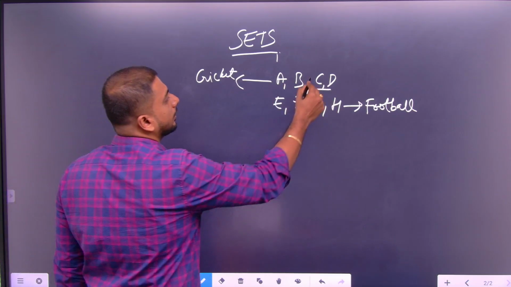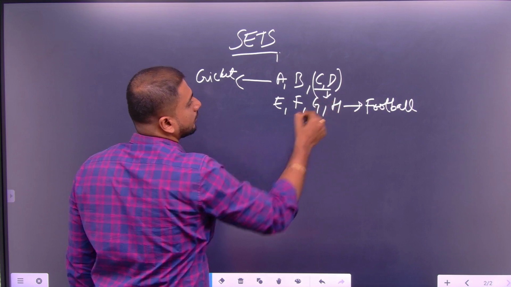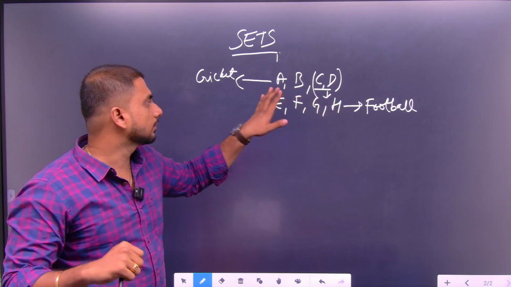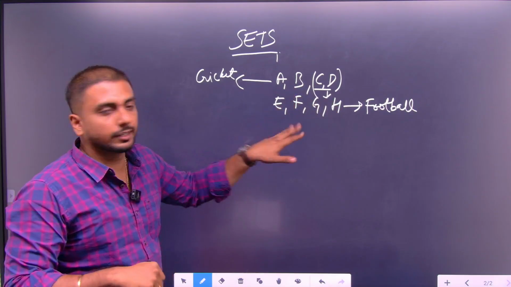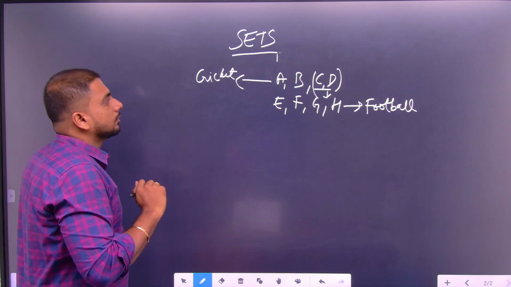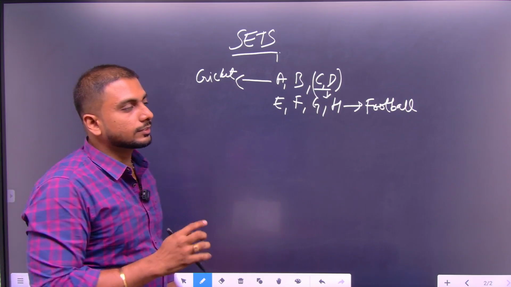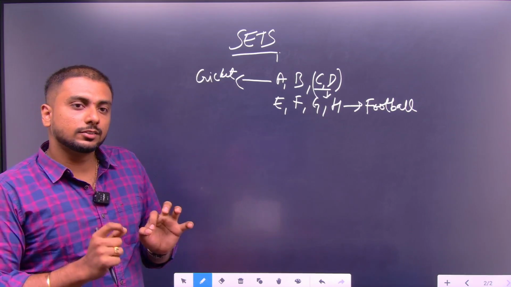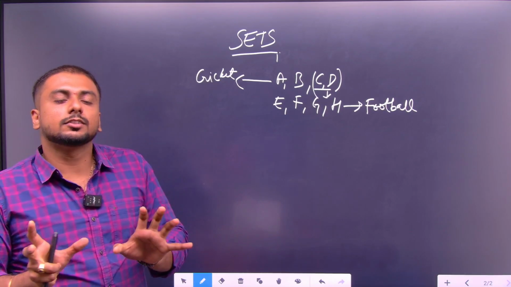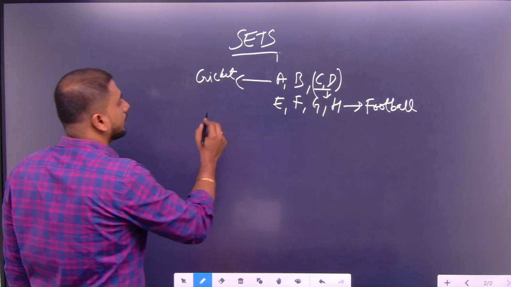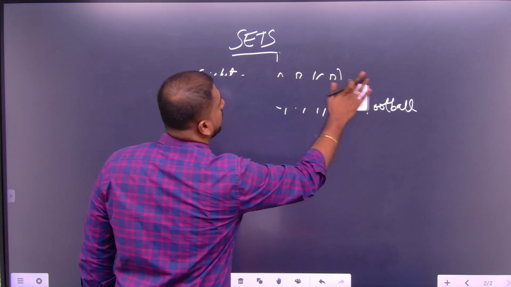So, they also will belong to this set as well. And there is a possibility, as we already discussed, that neither of them likes either cricket or football. Okay. Whenever there is a common ground between two different sets, that is known as intersection between two sets.